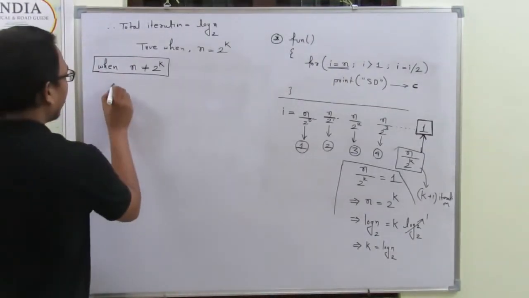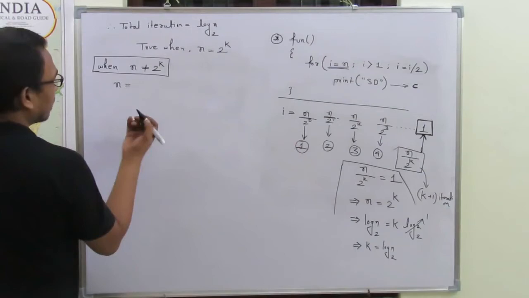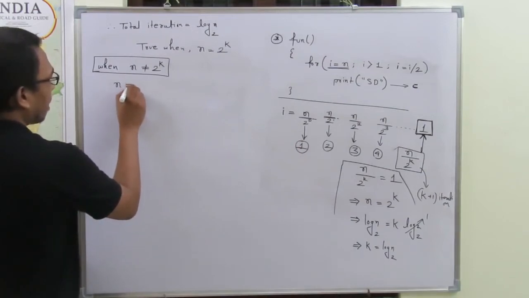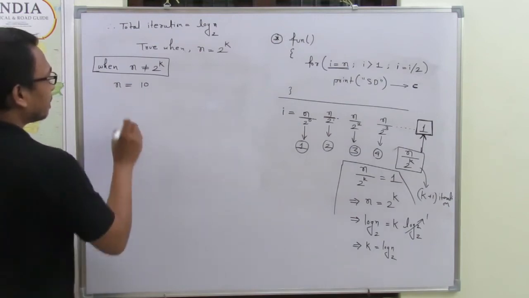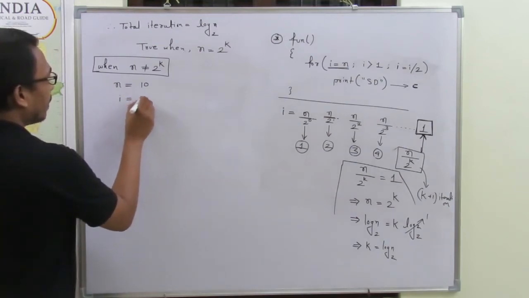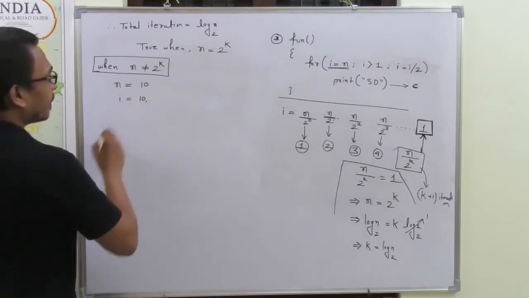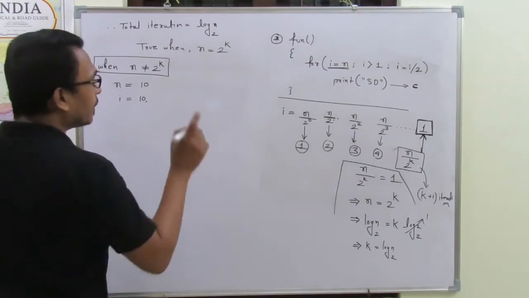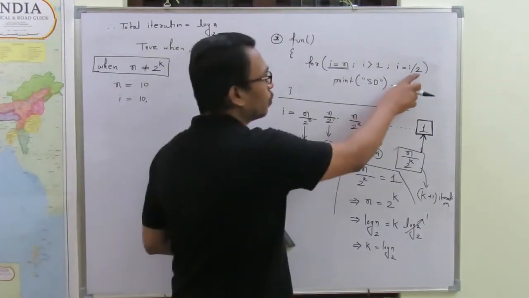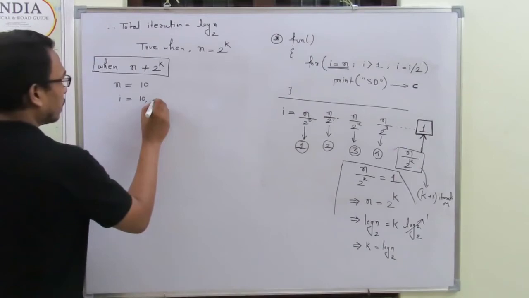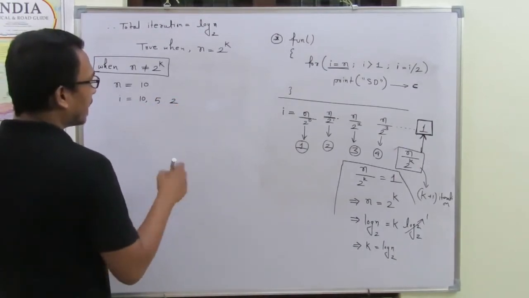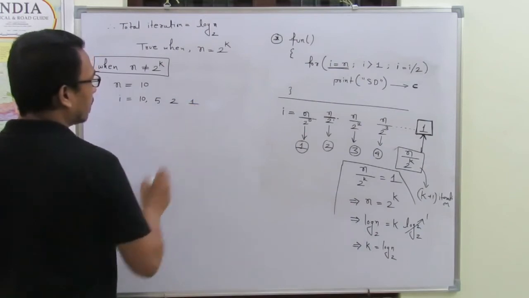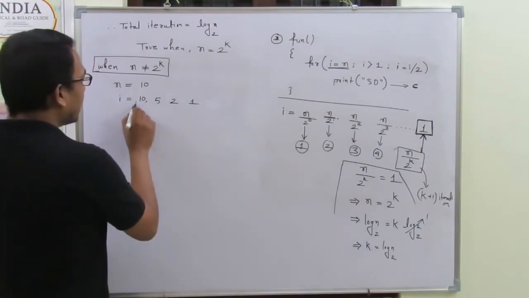So now look here. Let's say the value of n is anything, let's take 10. So the value of i will be 10. After that it is divided by 2. So what will be the next value? That will be 5, the next value will be 2, and the next value will be 1. So how many iterations are there?